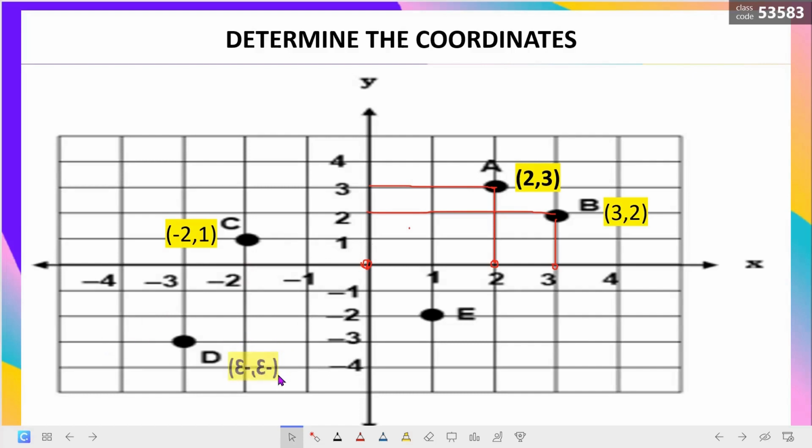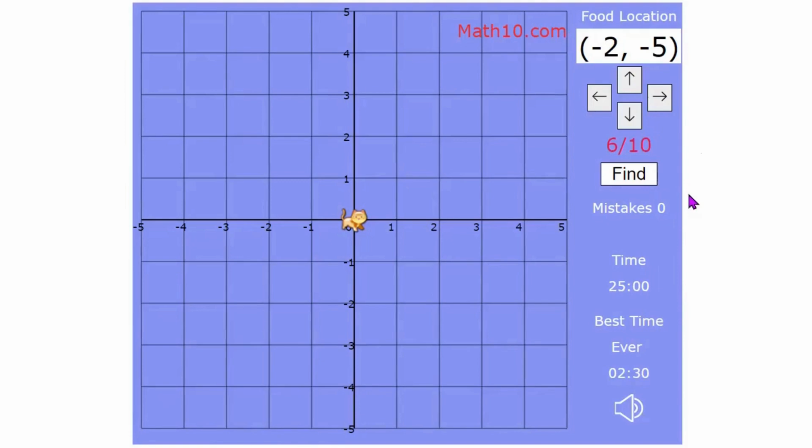Let's confirm it. -3, -3. The x coordinate is -3 and the y coordinate is also -3. The last one, point E, will have an ordered pair of 1 and -2.